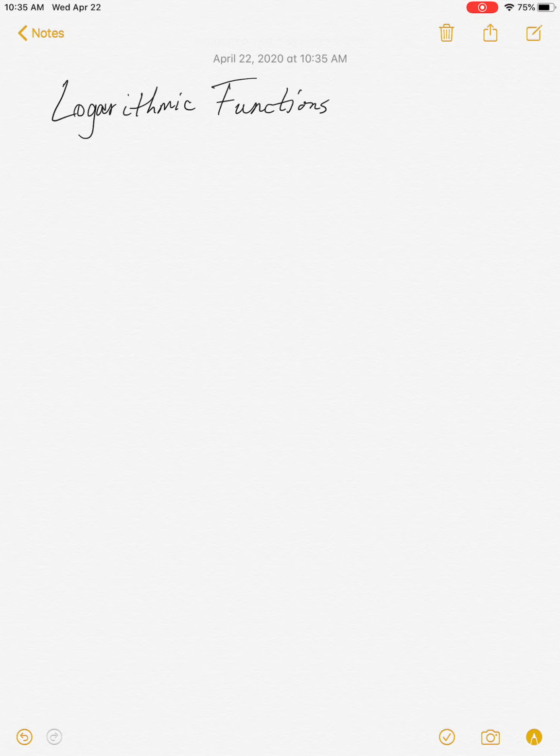Alright, so first of all, what is a log? A log is simply an exponent. Logs are exponents. Alright, so get that in mind. So when we have y equal, let's say it like this, y equal log base a of x.